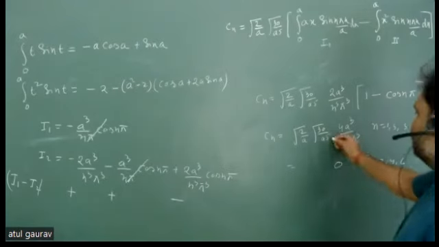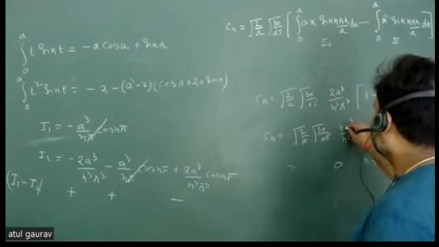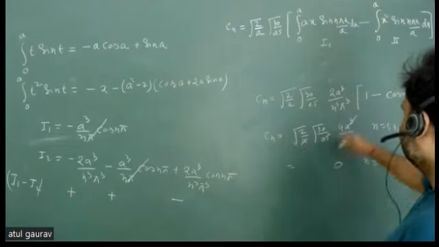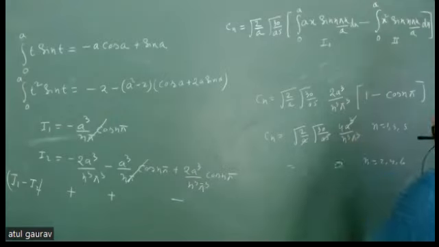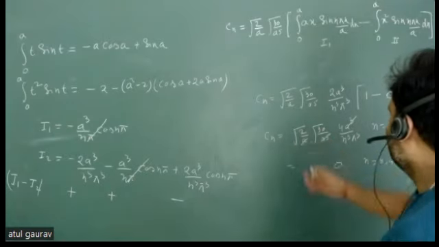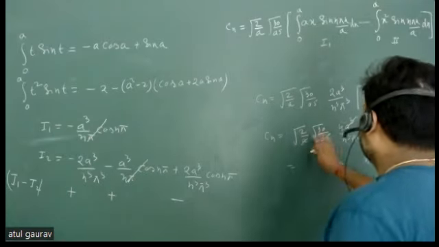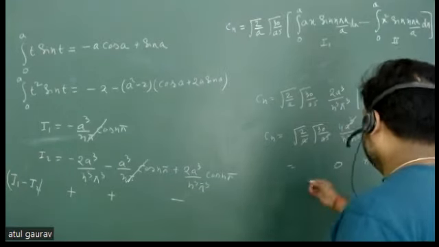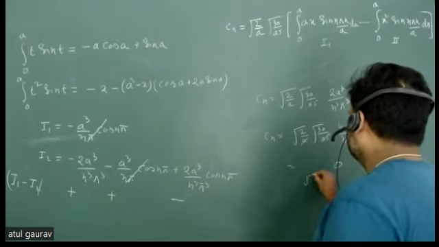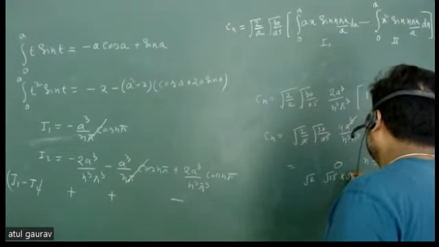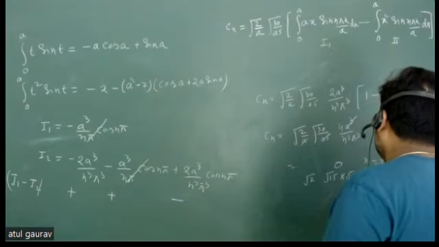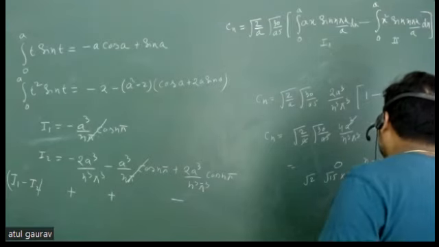And now you can see this a cancels out. This a will cancel out, because it should be a number. You should always keep this in mind, that this should always be a number, isn't it? Yes, sir. Okay, and what will be this value? If you want, you can take this 2, and this value is equal to root 2 and root 15 into root 2 into 4 upon n cube pi cube.